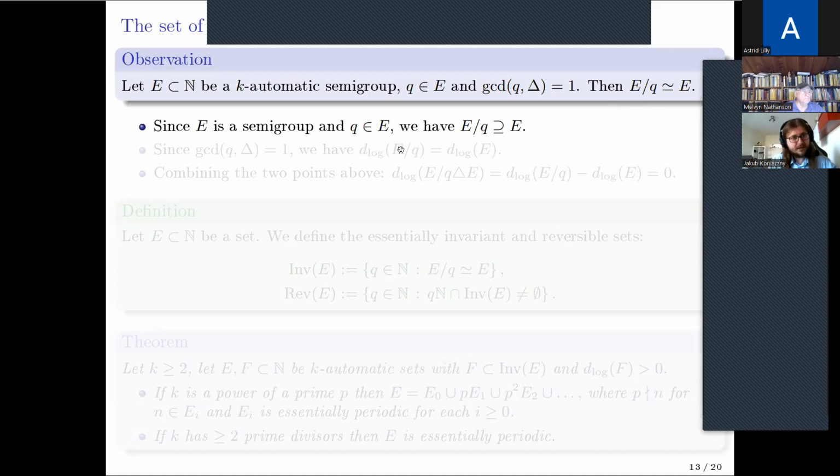Now, because E is a semigroup and q is in E, we have E divided by q is at least as large as E. On the other hand, because of the theorem, the densities agree.